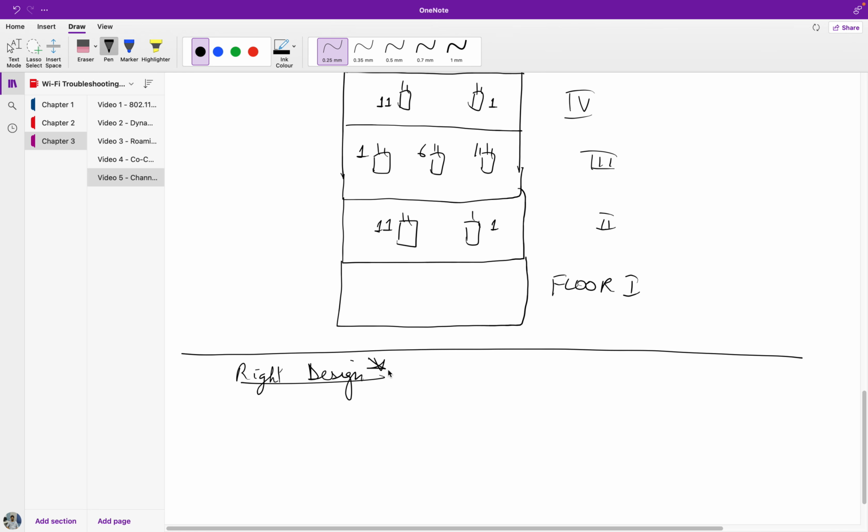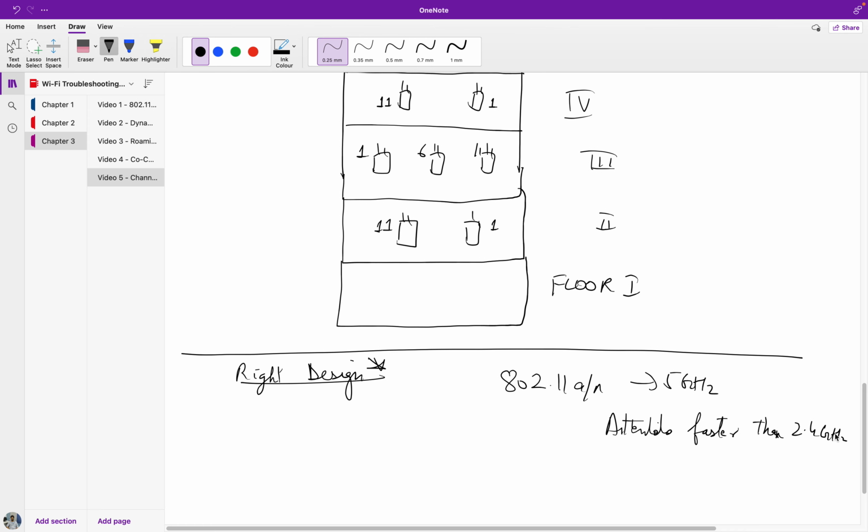Now for 802.11 A and N in an access point, which is going to transmit at 5 gigahertz, this is going to be a 5 gigahertz network, right? So we know that the signal of 5 gigahertz is going to attenuate slightly faster than a 2.4 gigahertz signal, right? 5 gigahertz will always attenuate faster.